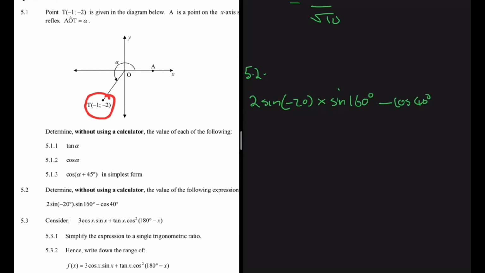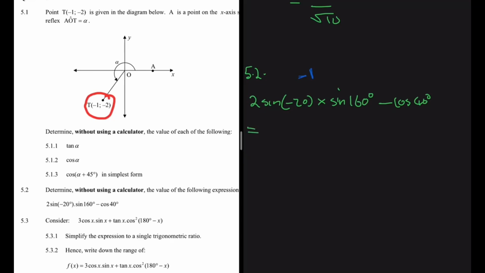So this question, as soon as it says without using a calculator, I'm going to use a calculator first, and then I'm going to get the answer. After I get that answer, I will basically be proving that that answer is true, right? So when I put this on my calculator, I'm getting minus 1. So whatever I do, however I solve this question, I must get minus 1. If I don't get minus 1, there's something wrong I'm doing, right? So let's solve our question.